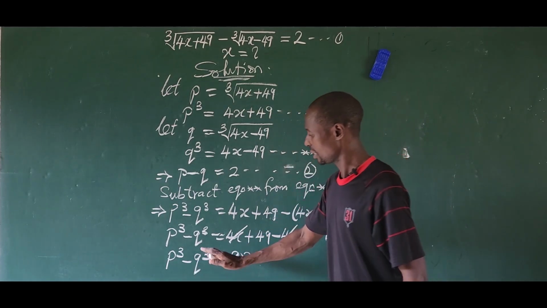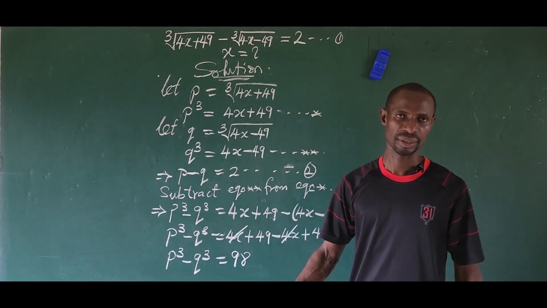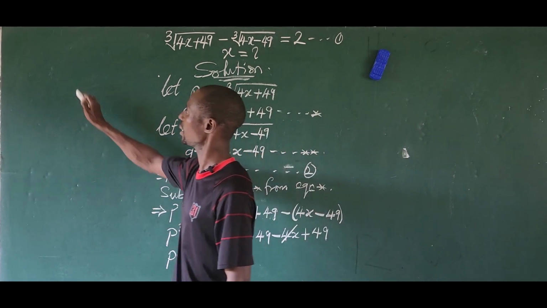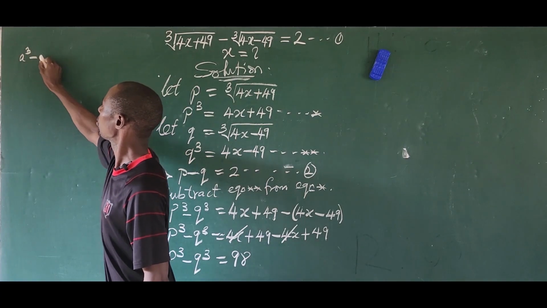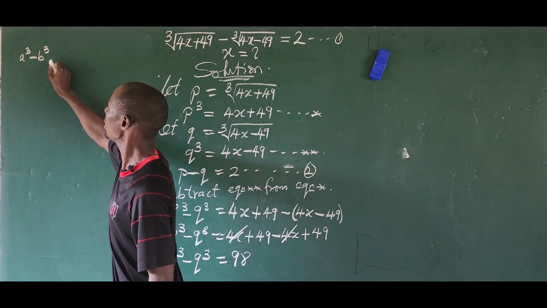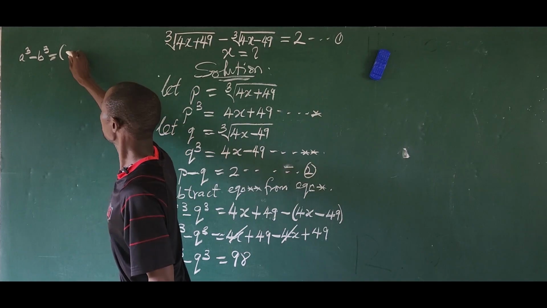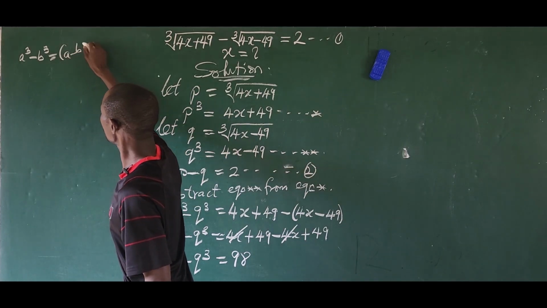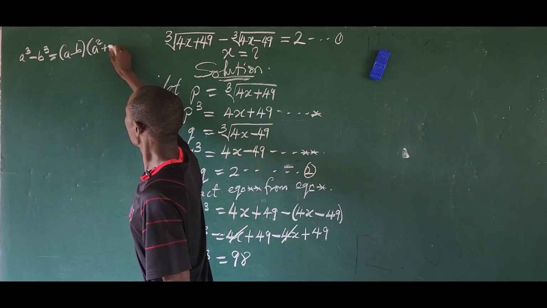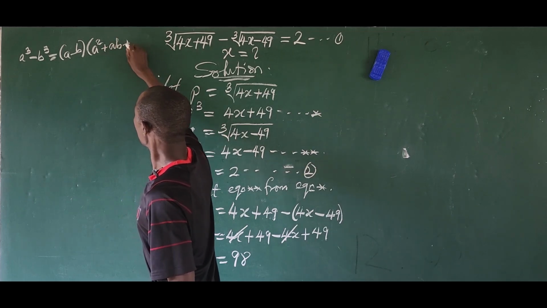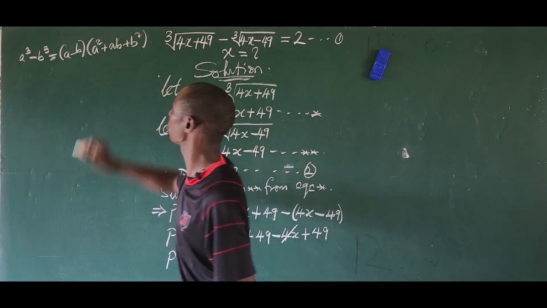Now look at the expression we have on this side. This is what we call the difference of two cubes. What does it say? It says that if you have a to the power of 3 minus b to the power of 3, then we have bracket a minus b close bracket, a squared plus ab plus b to the power of 2.